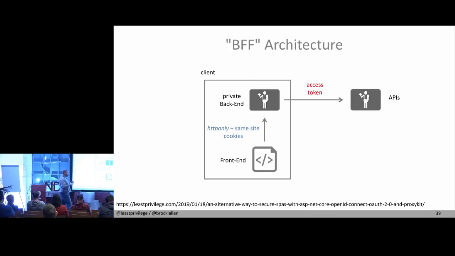And all of the calls from your JavaScript are going to go back to your server, your back-end for your front-end, using the cookie style, with our same-site cookies. And then the back end, because we logged in with OpenID Connect and OAuth, could then have our proper access tokens to call back to the underlying API. So that's another style that you could use.